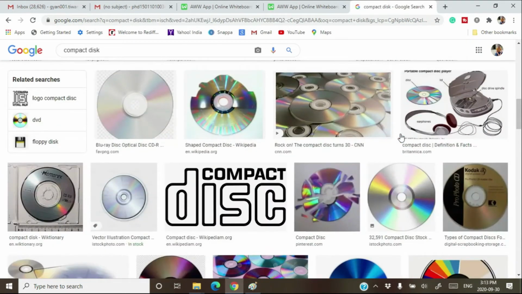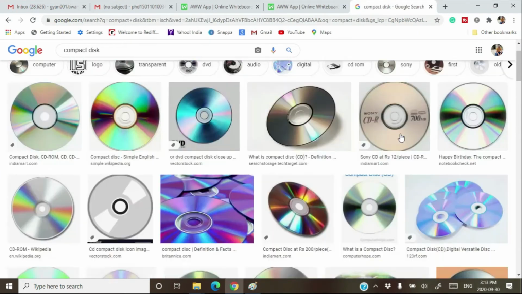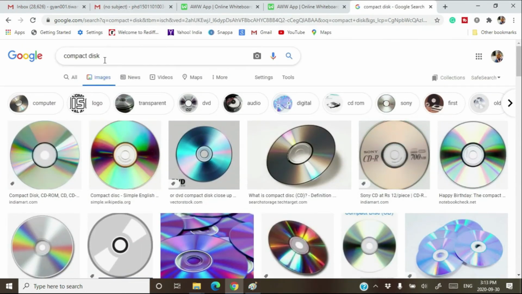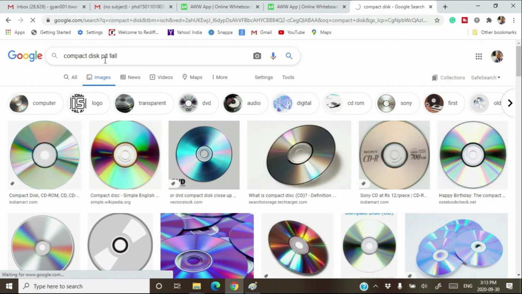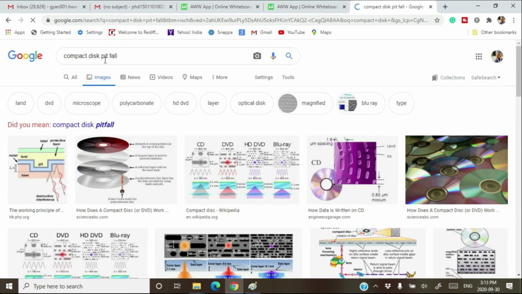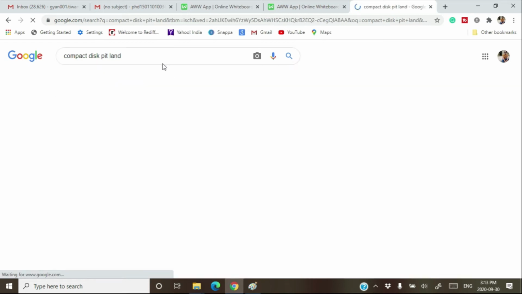But how does the compact disk store the data? Let's search compact disk pit and land. Actually this is not called fall, this is called land: pit and land.